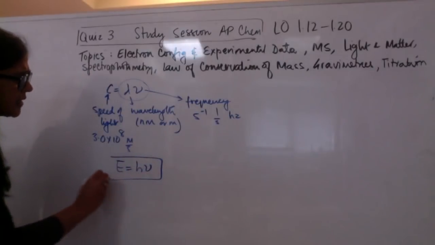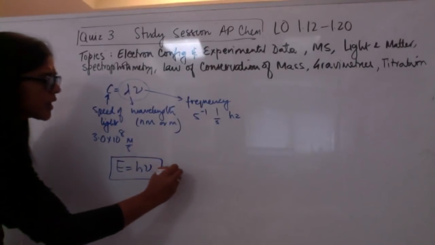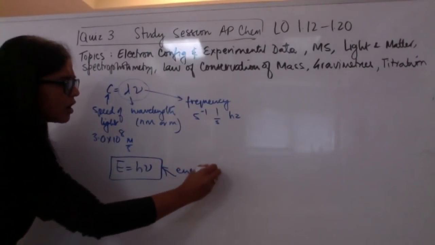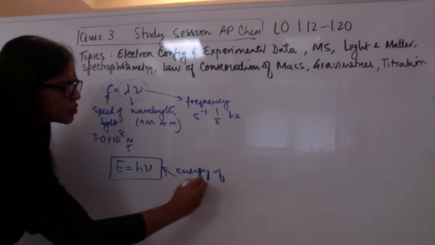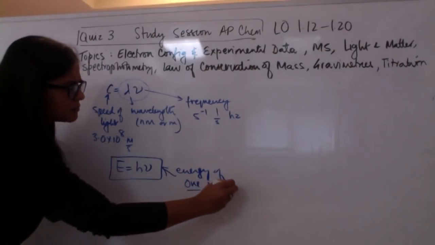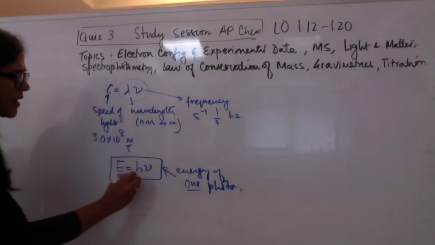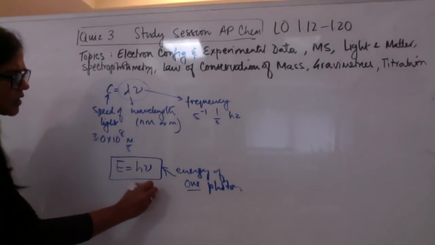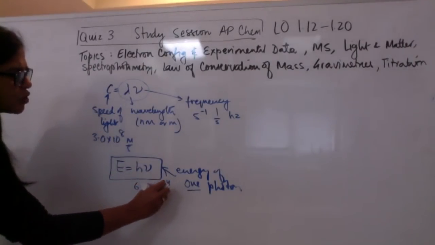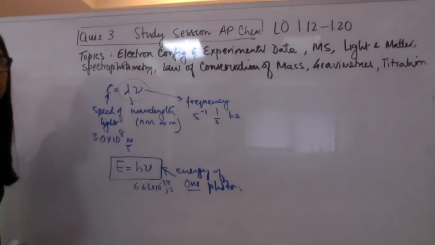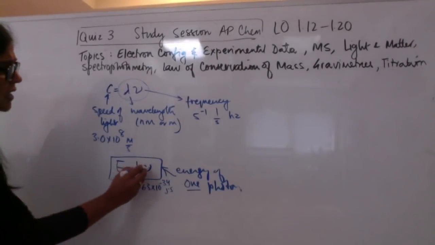So using E = hν, you get the energy of 1 photon. And h is 6.63 times 10 to the power negative 34 joule seconds. That is its value. I believe it is on your equation sheets.